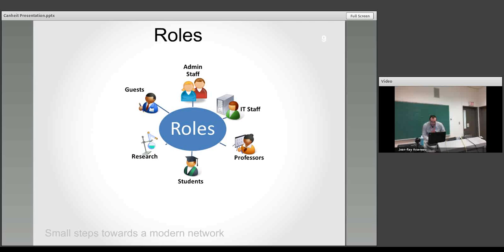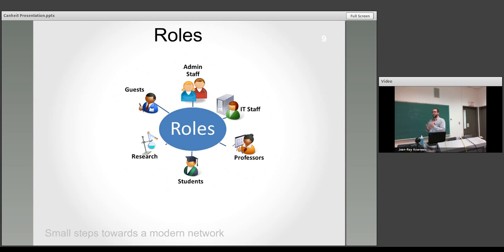In the distant future, we're planning to move towards a more dynamic approach. A user would plug his laptop into a port and have to supply credentials.